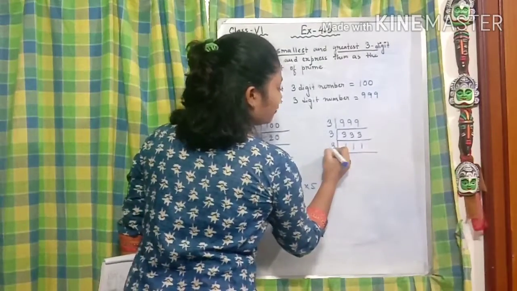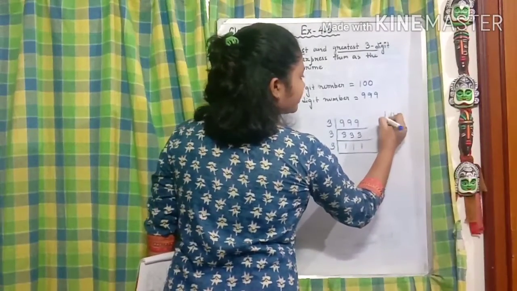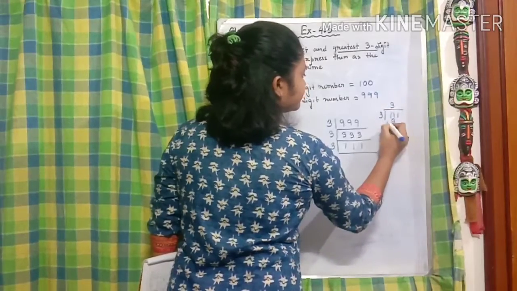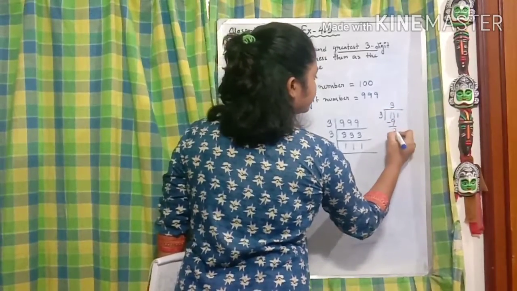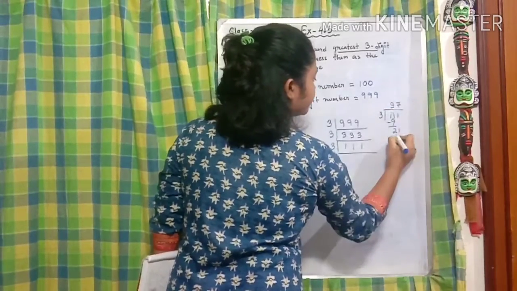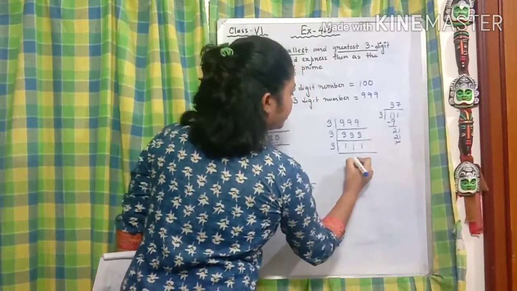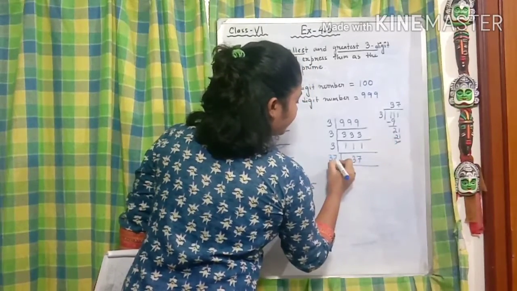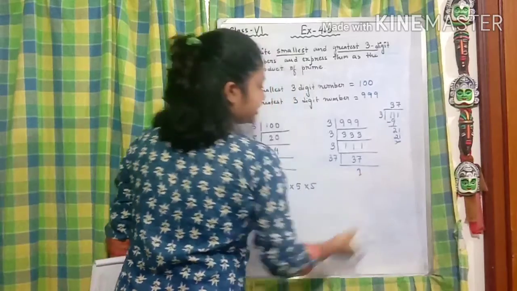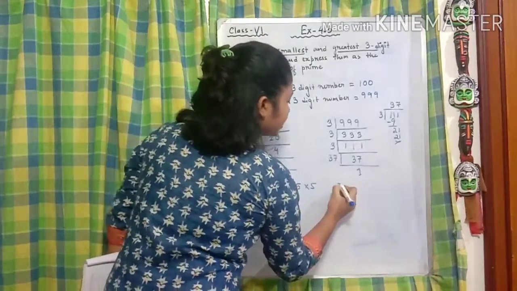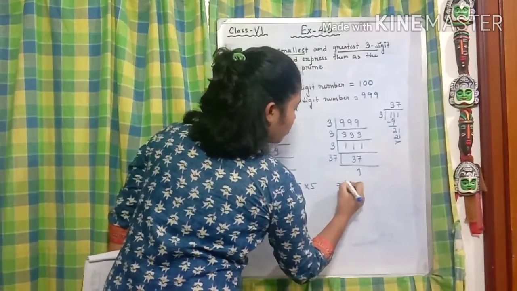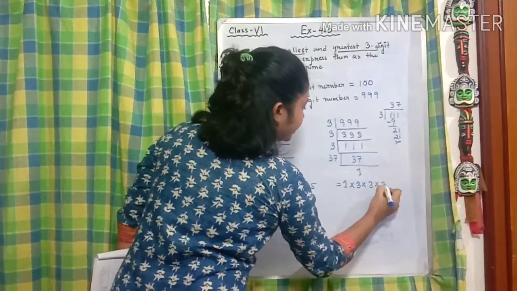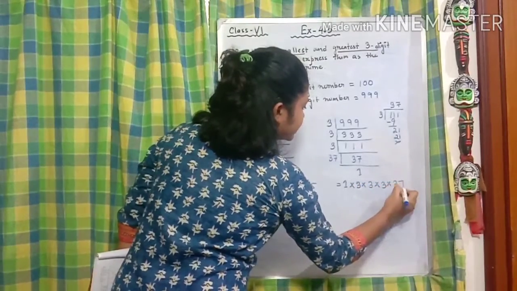When we divide by 3, 3 3s are 9, 3 7s are 21. So here we go, 37 is divisible by itself only. That means it's a prime number. So what are its factors? 1 into 3 into 3 into 3 into 37.